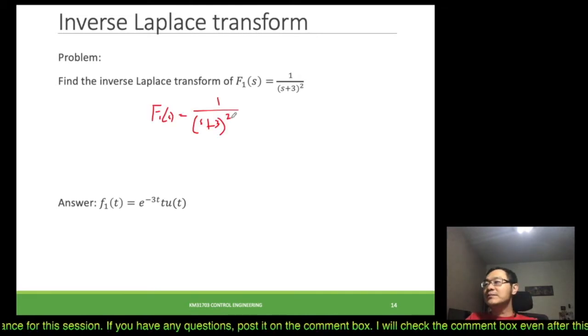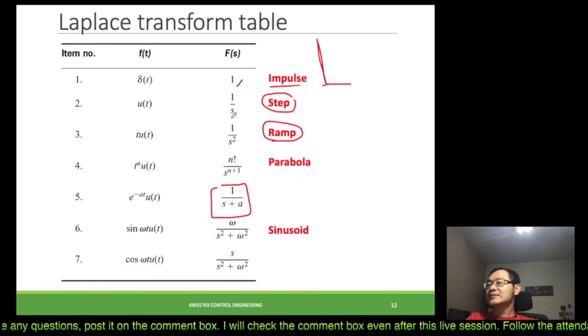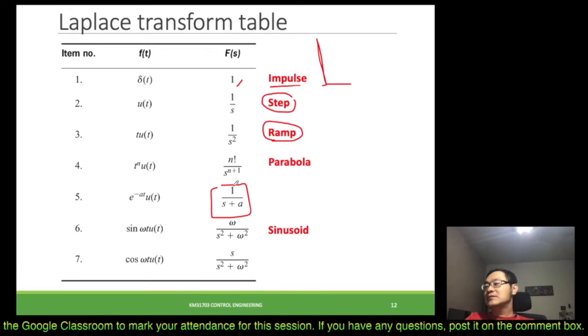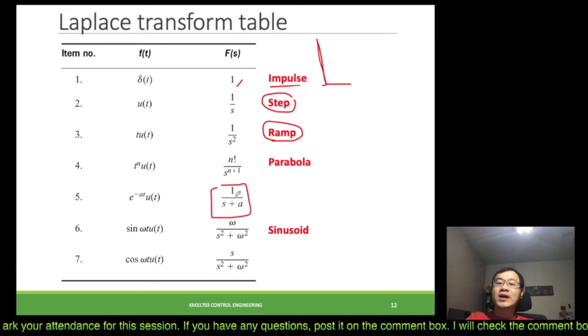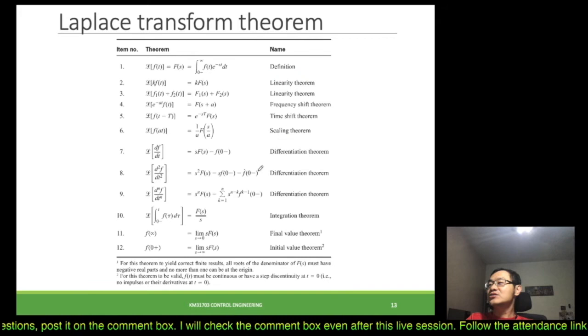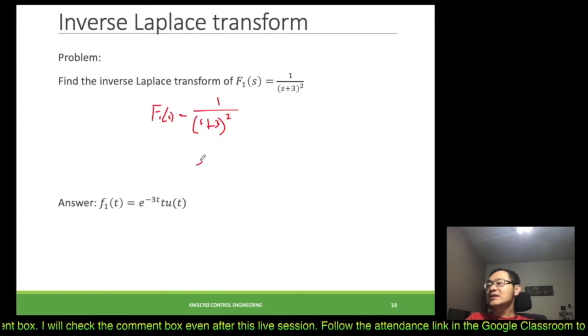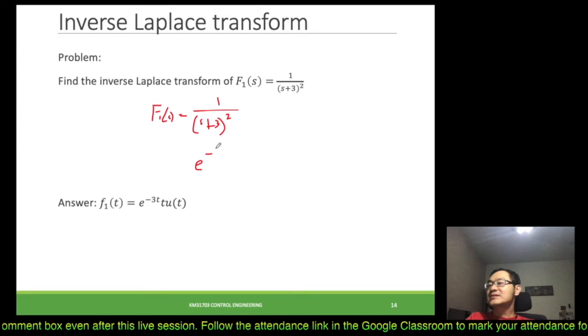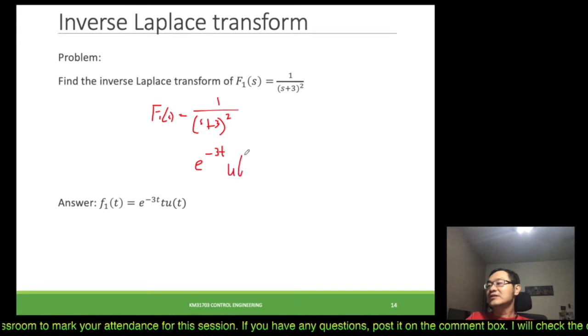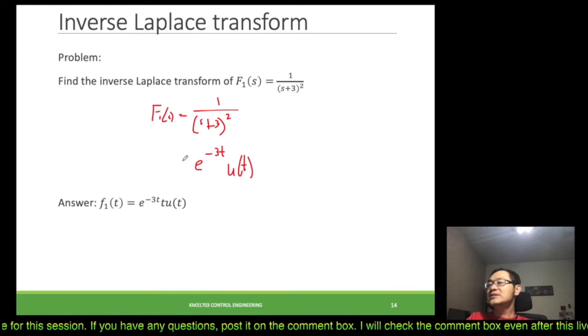If we refer back to our previous formulations, is there anything similar? We would see that the part related to 1 over s plus 3 is related to e to the minus 3t. So that is the component related to 1 over s plus 3.